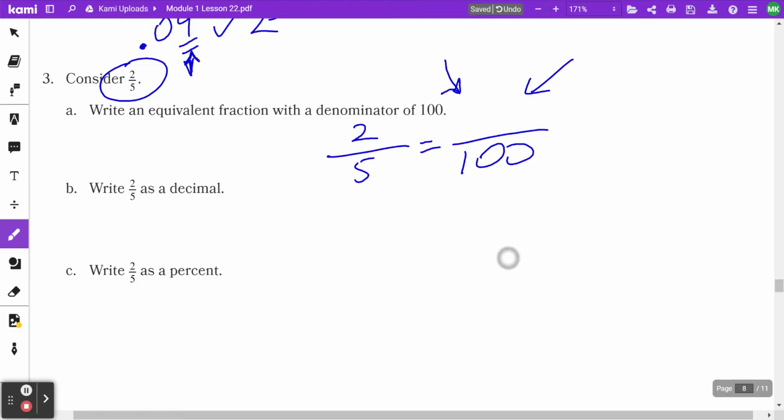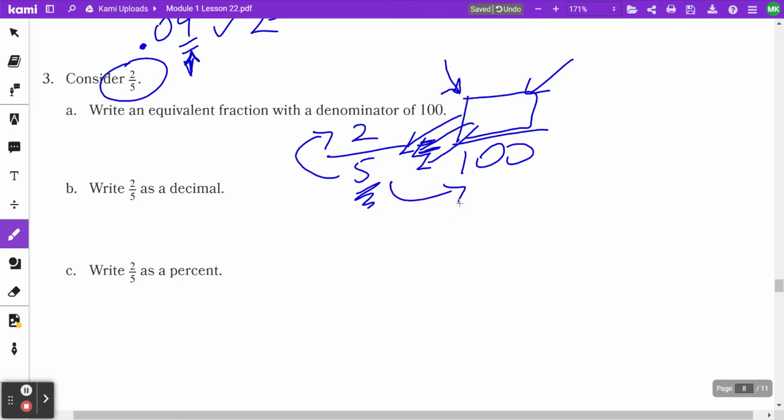So I have a little setup here. If this is the box I'm looking for, what I teach kids is go diagonally across, put your eyeballs on that 5, and then ask yourself a question. Mathematically, is it easier for me to go up and change that 5 to a 2, or go across and change that 5 to a 100? In this case, it's easier to go this way, because 5 times 20 gives me 100.